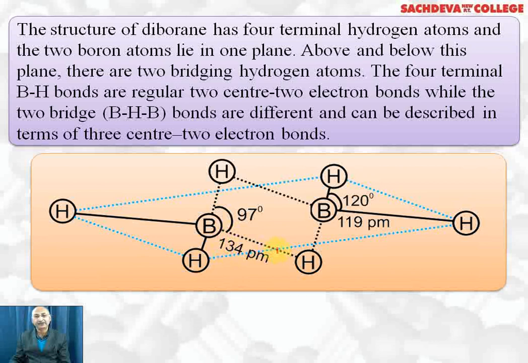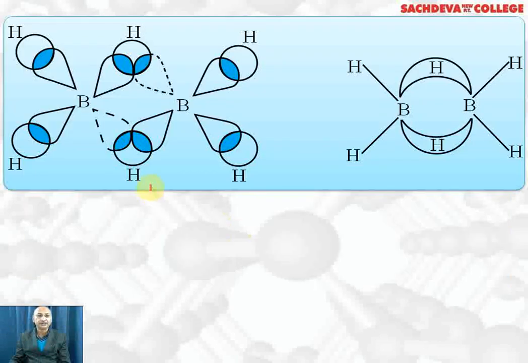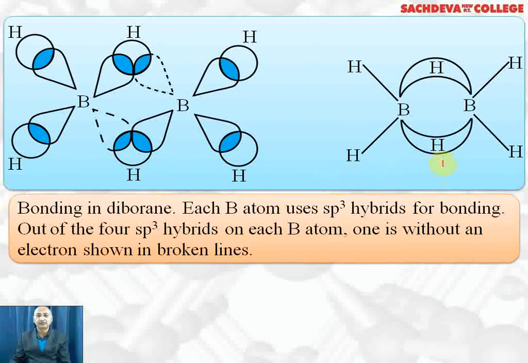This bond length is 134 picometer, which is longer due to weak bond. This bond length is 119 picometer, which is shorter due to strong covalent bond. This angle is 97 degree. This is the orbital overlapping of diborane, and this is representing a banana bond in between, which are bridged bonds.